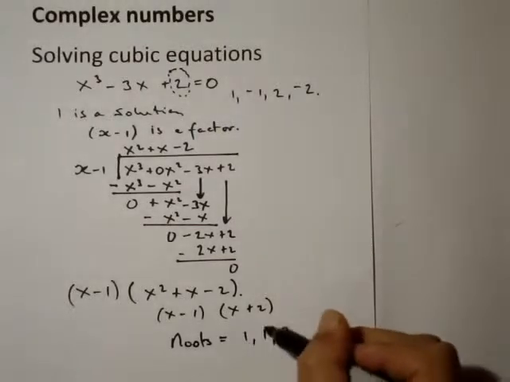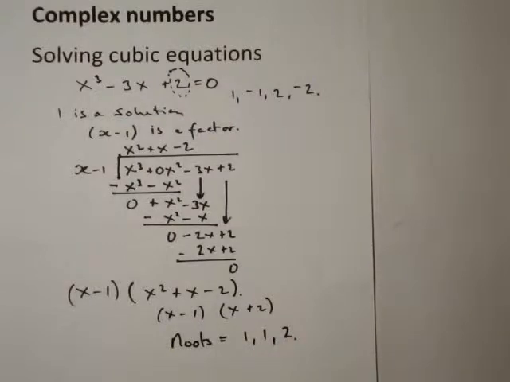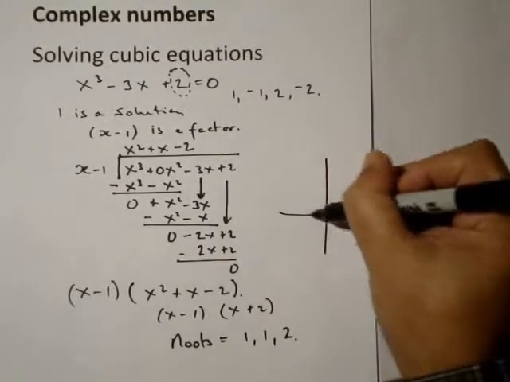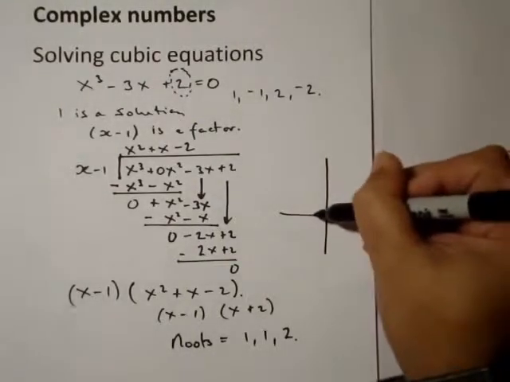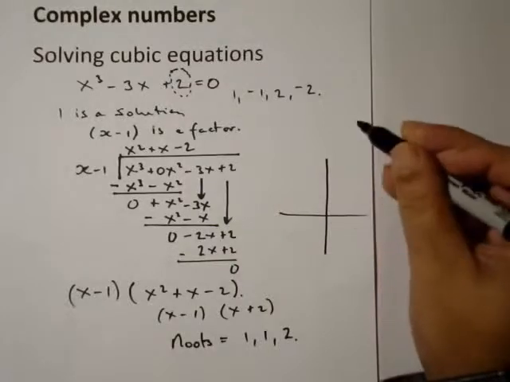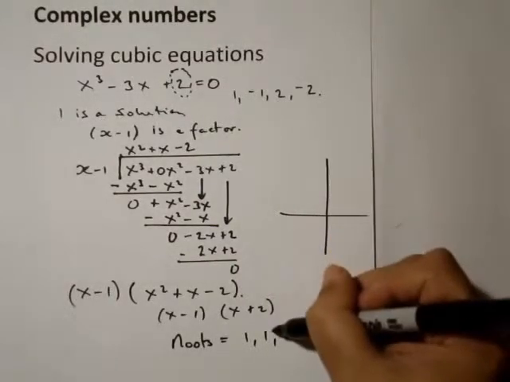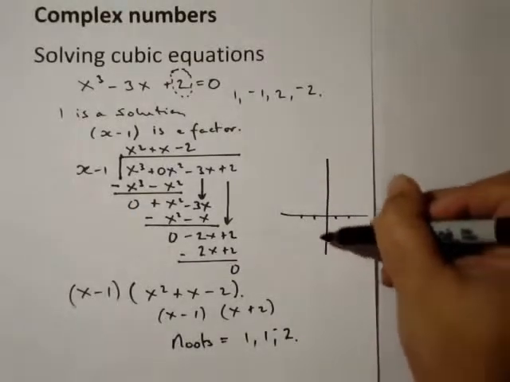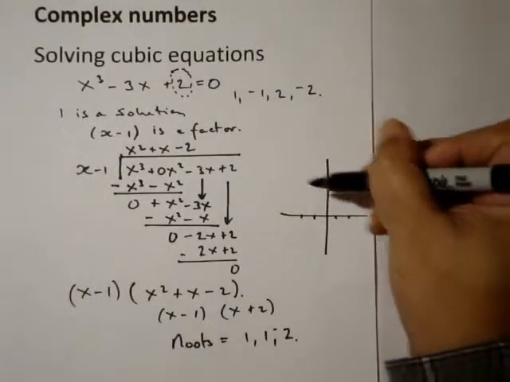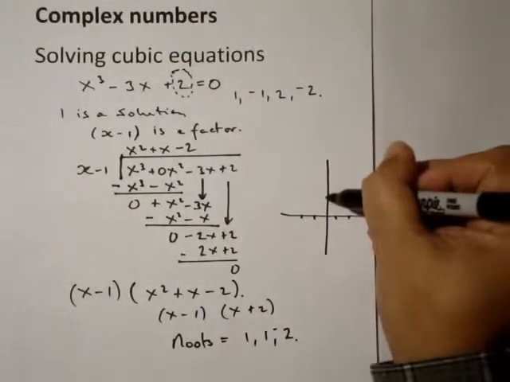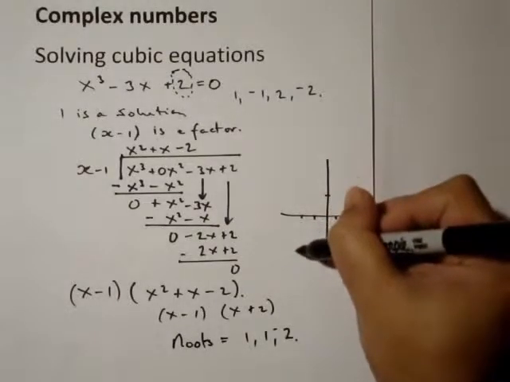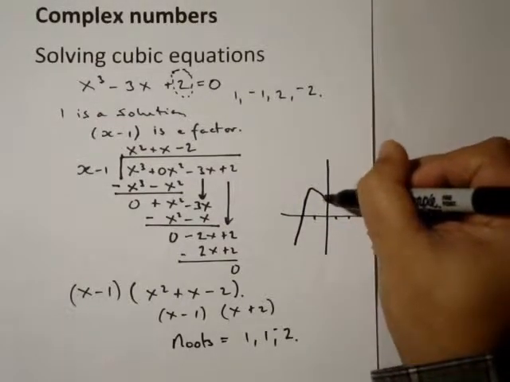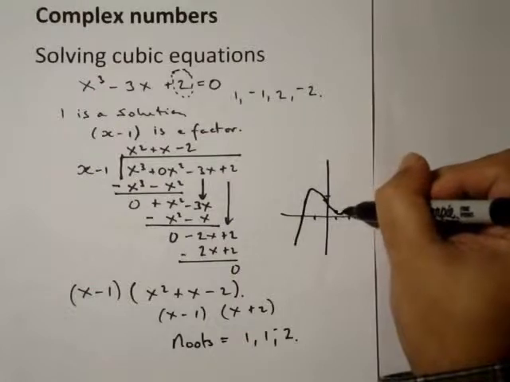So here we have 1 twice, so our actual graph, if we do a quick sketch, will look like this: if we have minus 2 here and then going that way, it'll go up and through the 2, then just touch at 1 and then back up.